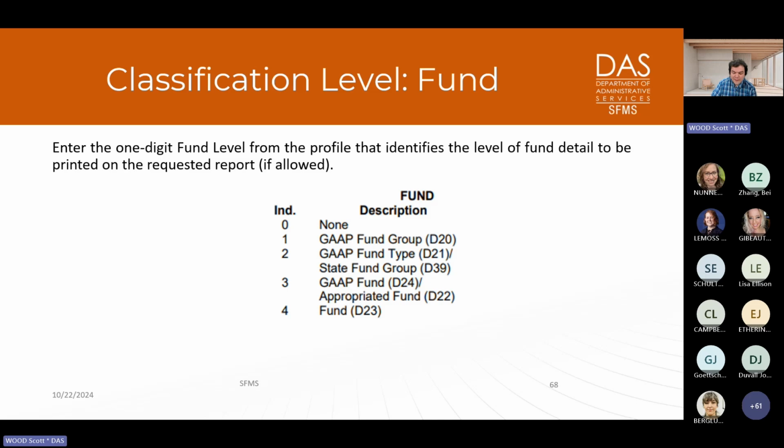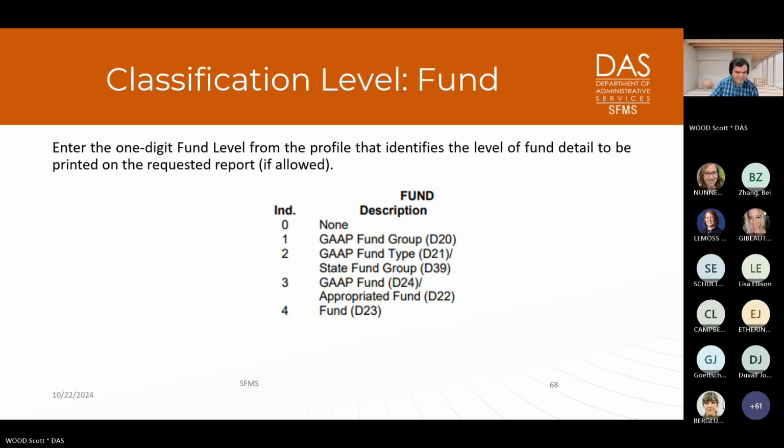But just know that this is an option if you want to classify your report by a GAAP fund or GAAP fund type instead of having to stick with D23 funds.